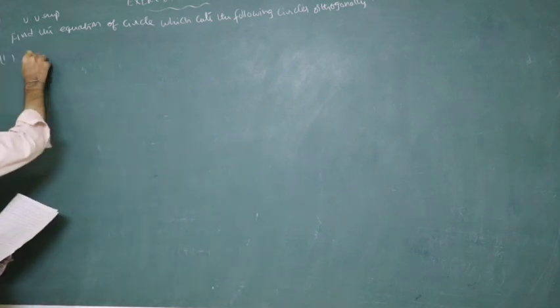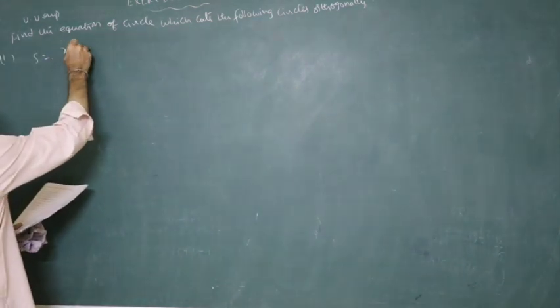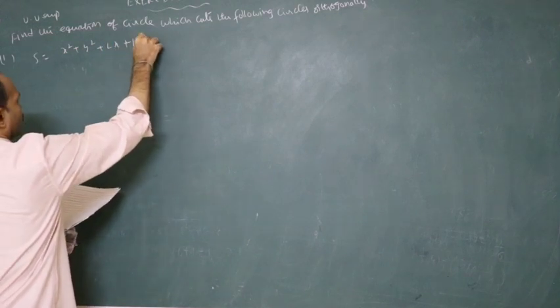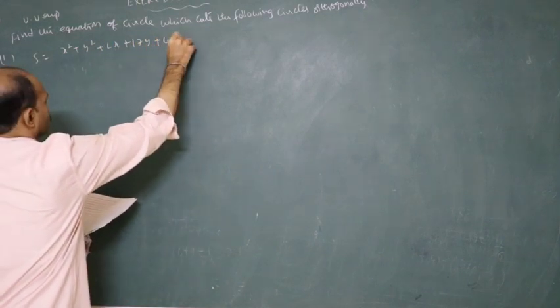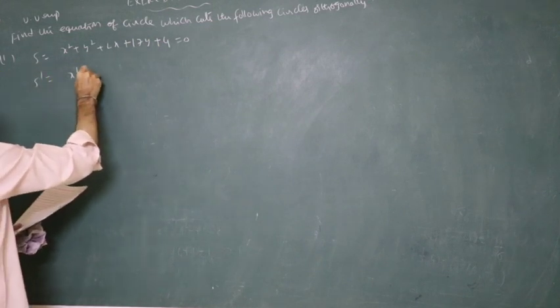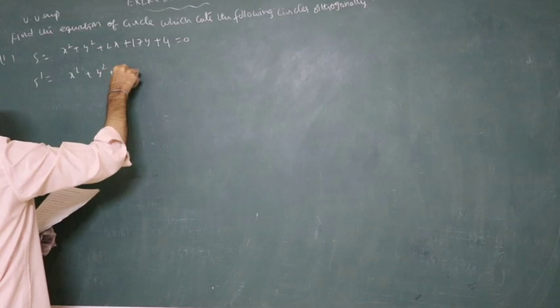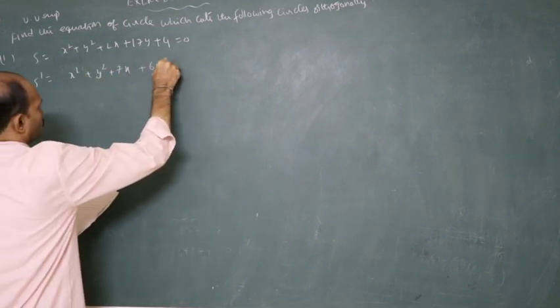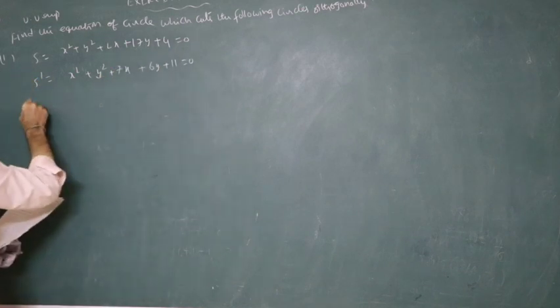The first one, S is equal to x square plus y square plus 2x plus 17y plus 4 is equal to 0. S dash: x square plus y square plus 7x plus 6y plus 11 is equal to 0.